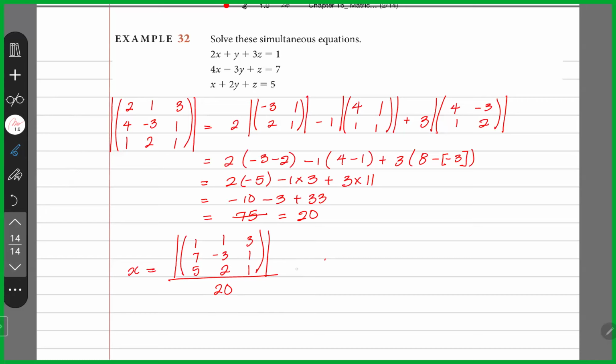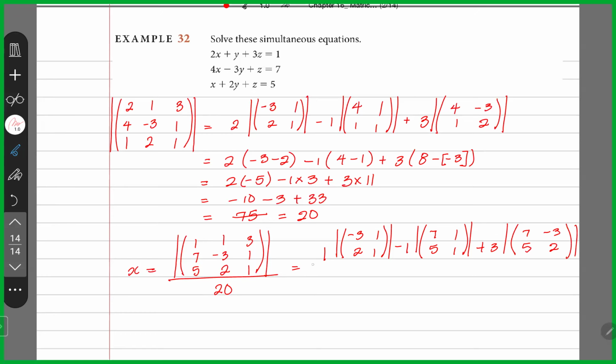All right, so resuming, this is 1 times the determinant of minus 3, 2, 1, 1, minus 1 times the determinant of 7, 5, 1, 1, then plus 3 times the determinant of 7, 5, minus 3, 2.